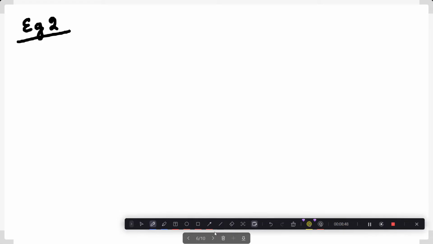Now let's look at example 2. We are going to look at example 2 first. Then we are going to look again at the exercise question. An electrician has to repair an electric fault on a pole of height 5 meter.